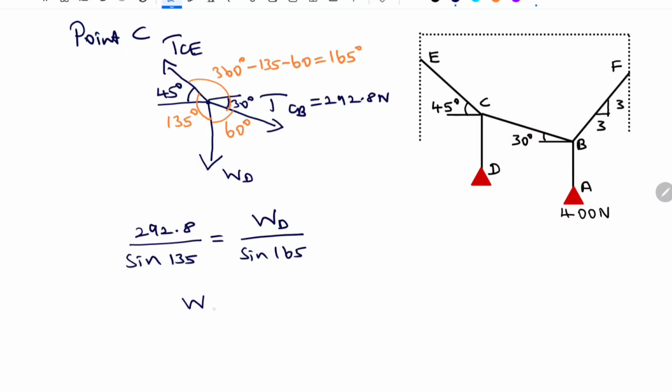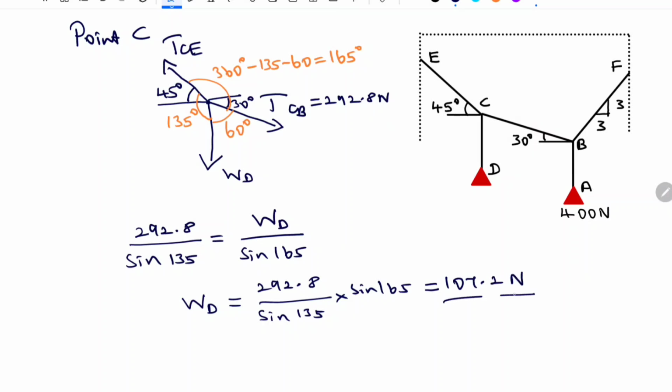From this, WD is equal to 292.8 divided by sine 135 into sine 165. If we solve this, we get WD equal to 107.2 Newton. So this is the weight of the sack D.